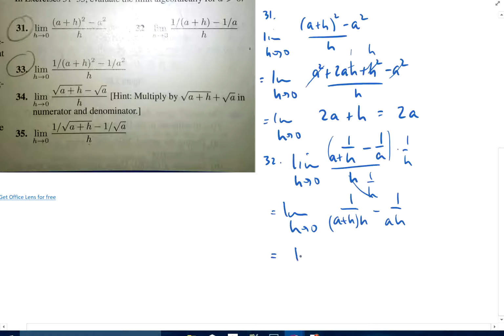I'm hoping that this is going to simplify here, and maybe the h's will cancel.